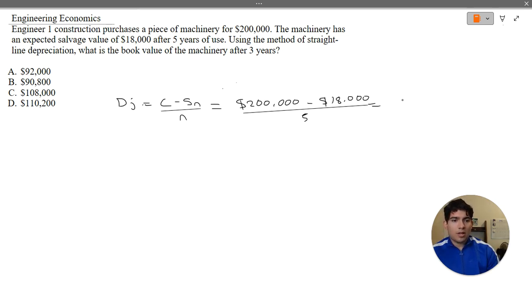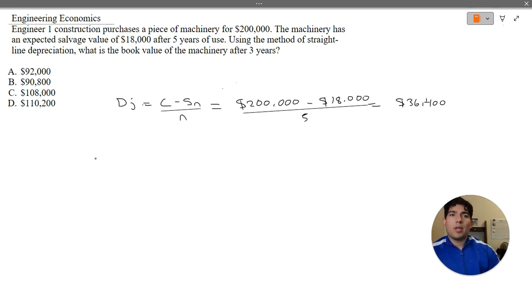And that is going to be equal to $36,400. So that is the annual depreciation for the piece of machinery as time goes on.